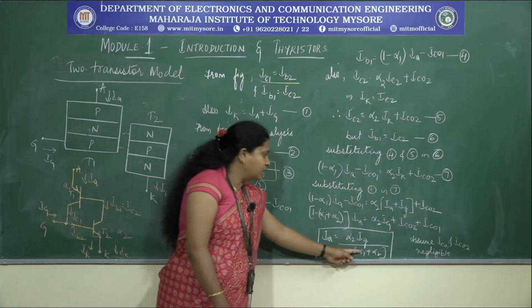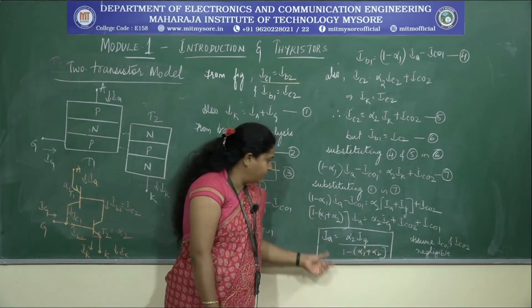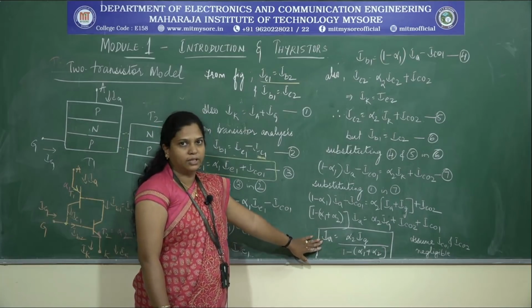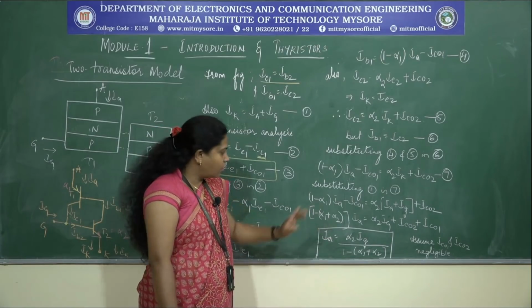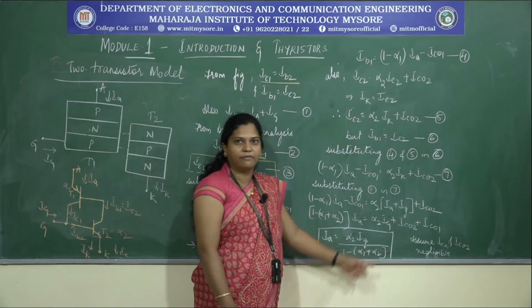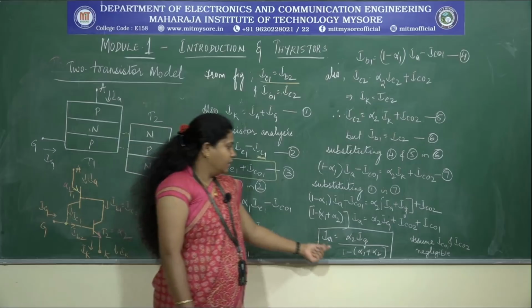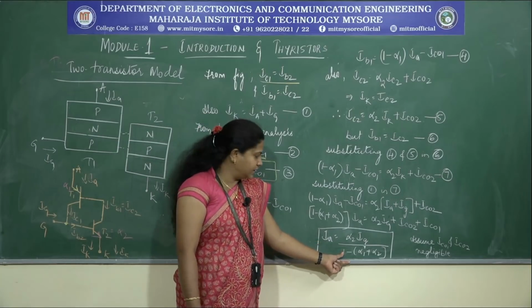As we keep on reducing the sum, we can take the values for the anode current flowing. So, alpha 1 plus alpha 2 must always be less than unity, otherwise you will get an infinite current.